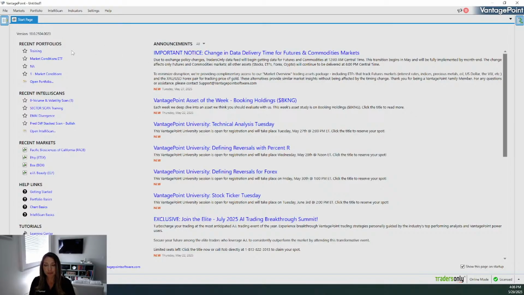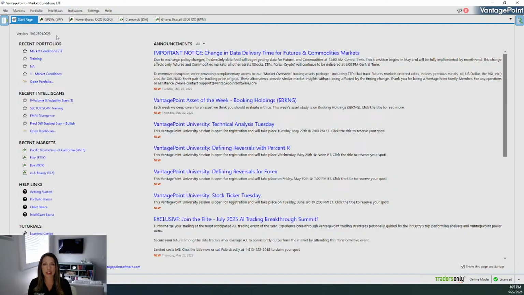Now, I'm going to bring up our market conditions here very quickly. You can have saved portfolios in VantagePoint to make things nice and easy to pull up and access wherever you need to. So I've saved a market conditions portfolio, because that's one of the first things I want to discuss when it comes to swing trading.